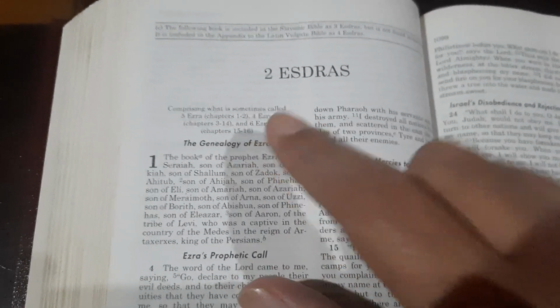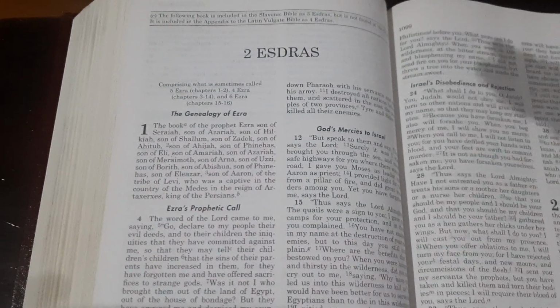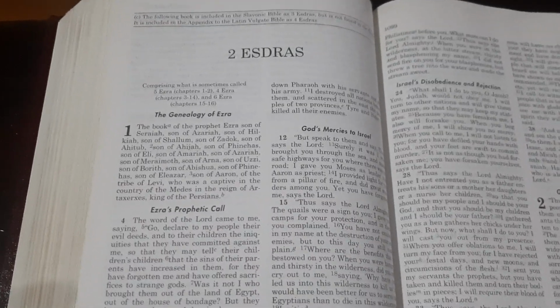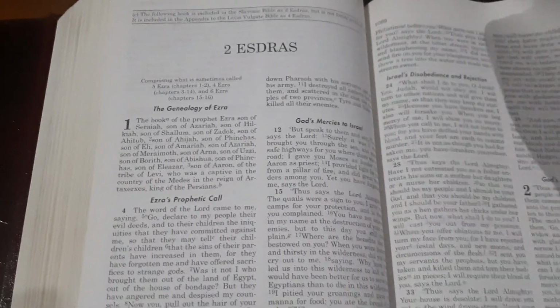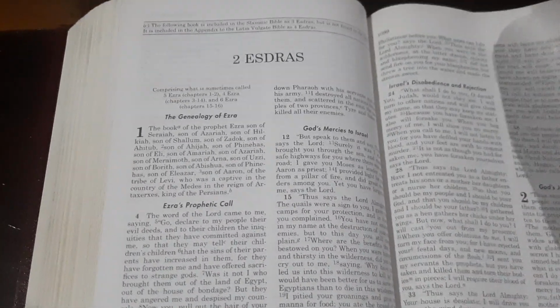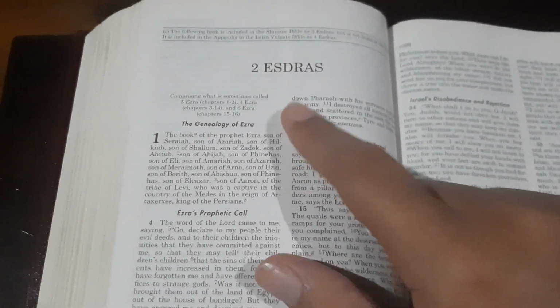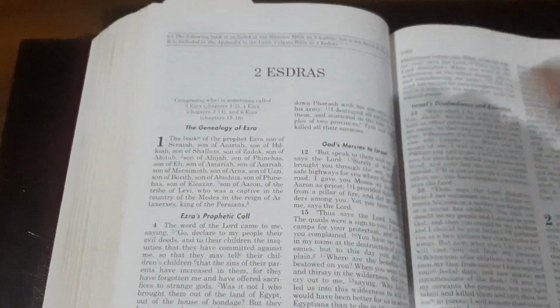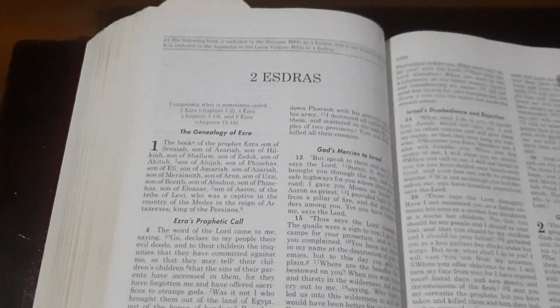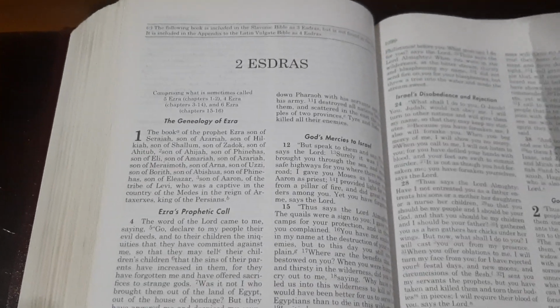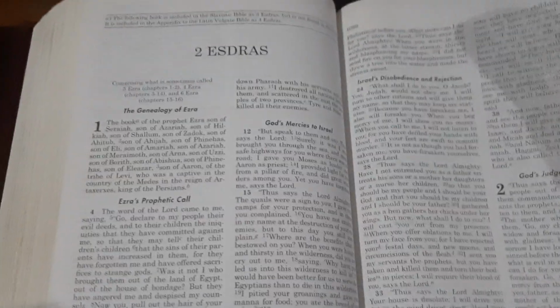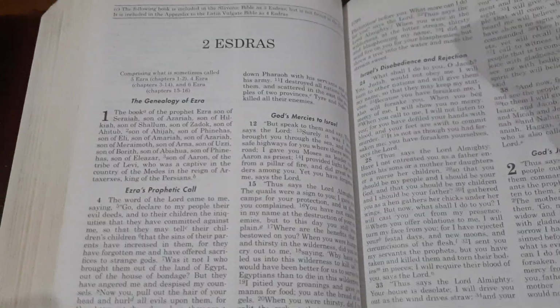So this book is cut into 3 fragments, and depending on which Christian denomination you ask, is of different spiritual importance. Now, also in 2 Esdras, you will find the teaching of purgatory, which Catholics do believe in. So purgatory is in 2 Esdras.